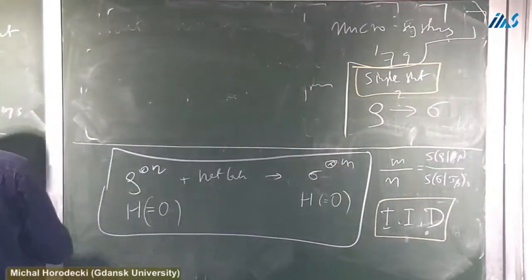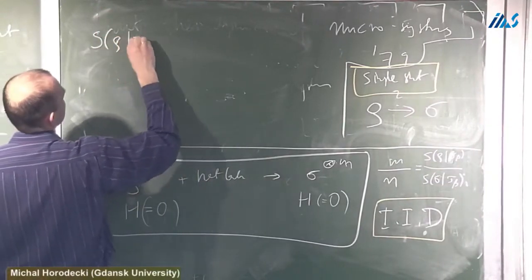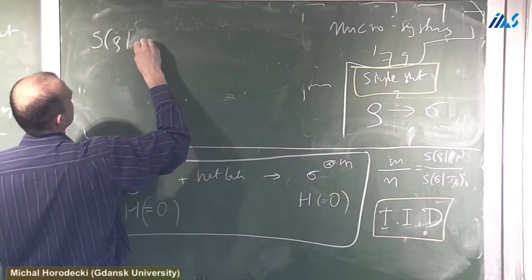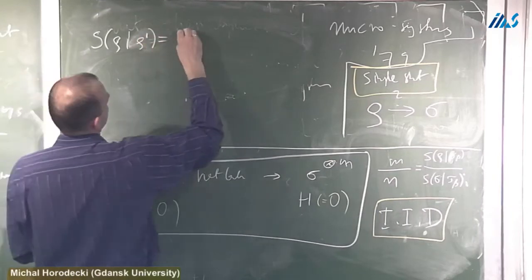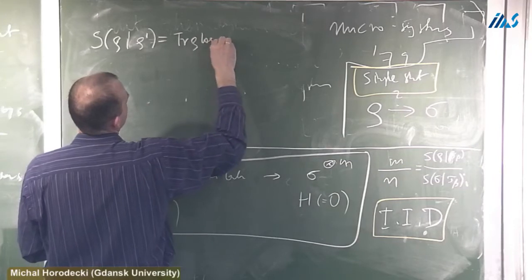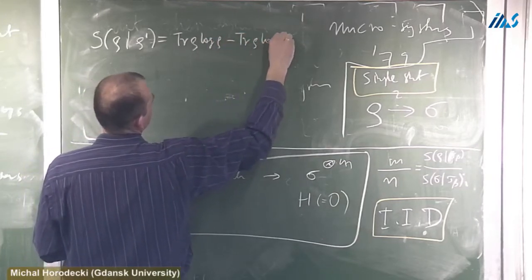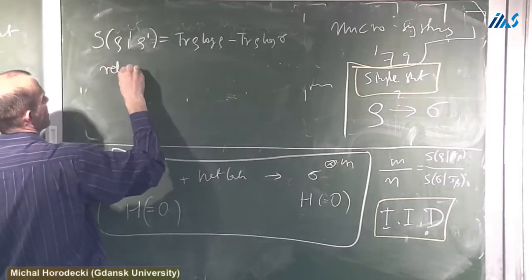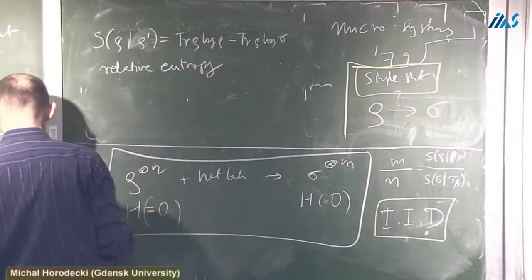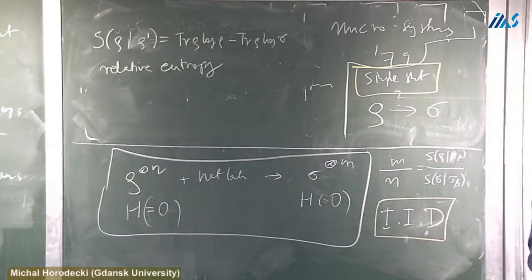So it's relative entropy. Is it trace rho log rho, or trace rho log sigma?